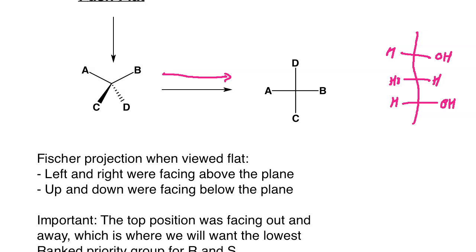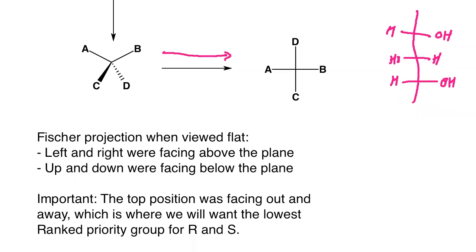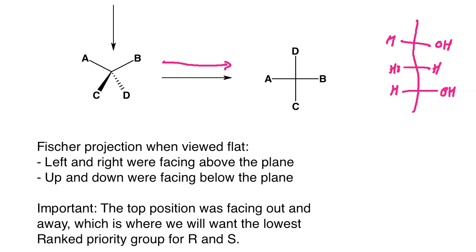And then usually you'll have some sort of alcohol and either a ketone or an aldehyde at the top of the chain. And so this is very relevant to biochemistry when we start looking at those types of structures and molecules.